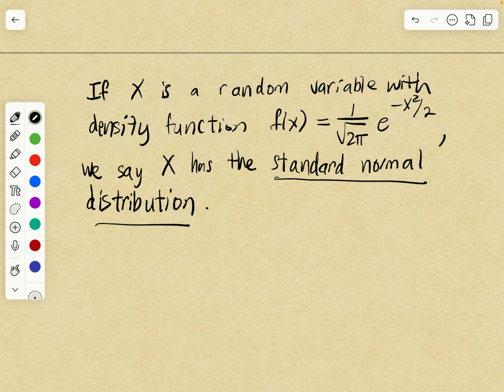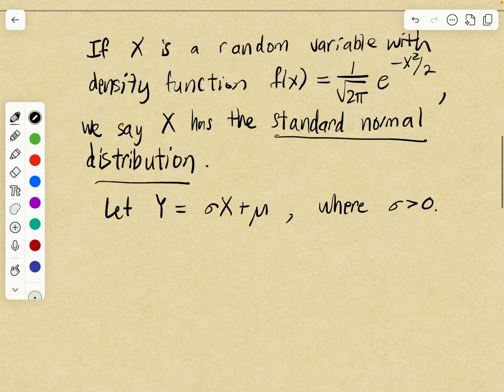And we let y equal sigma x plus mu, where sigma is positive. And the question is, what's the density function of y?